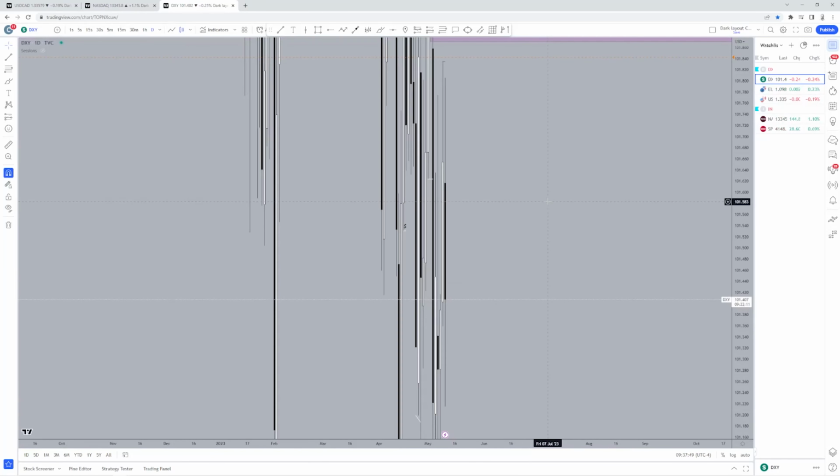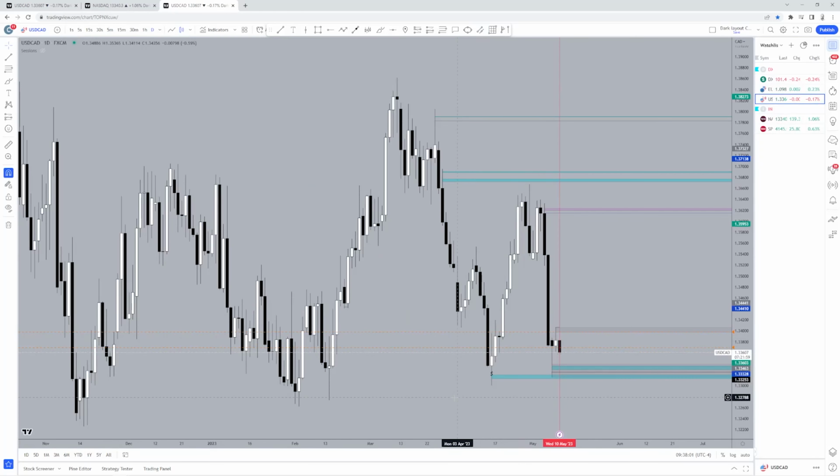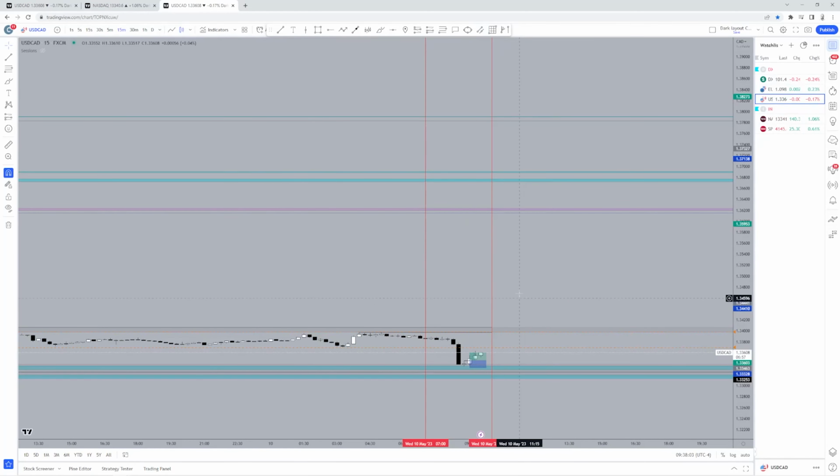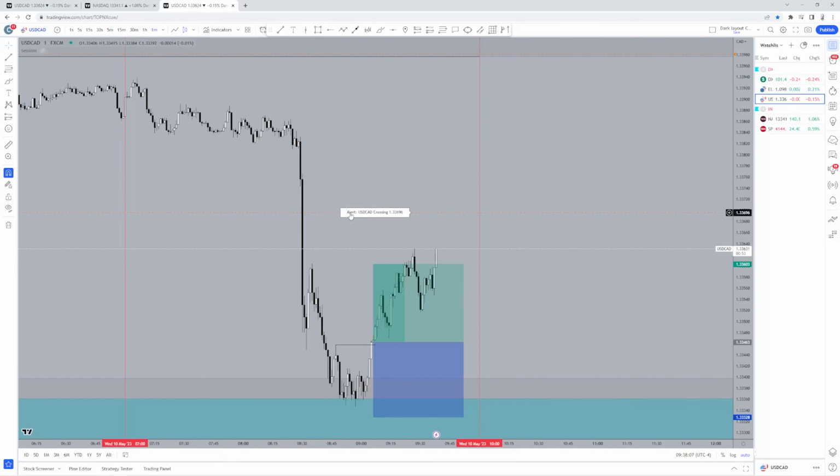DXY, let's look at it from the daily time frame a little bit. Grab the liquidity below this time frame. We have already tapped into this area now. We can start going towards the upside. Also on USD CAD, the trade that I was in.